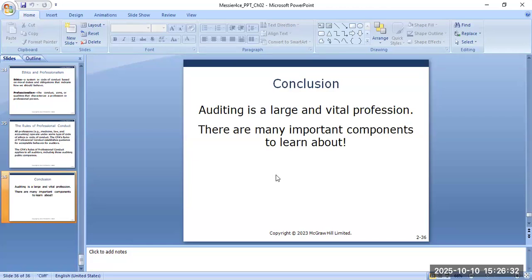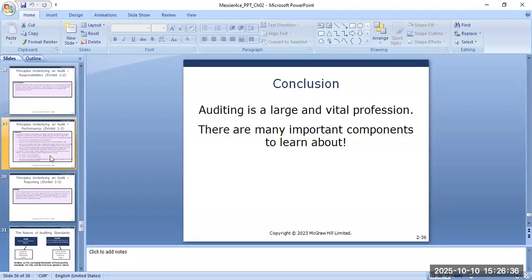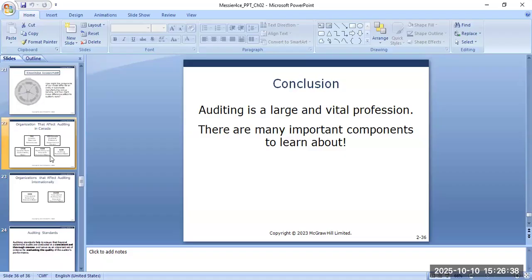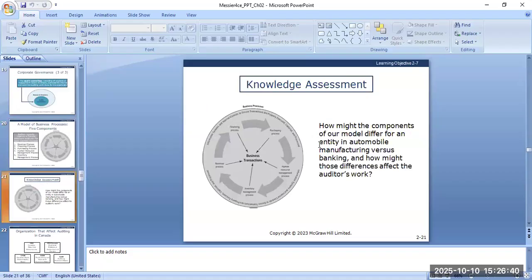So that concludes chapter 2. As you can see, the most important thing in chapter 2 is the knowledge about the processes inside of the company.